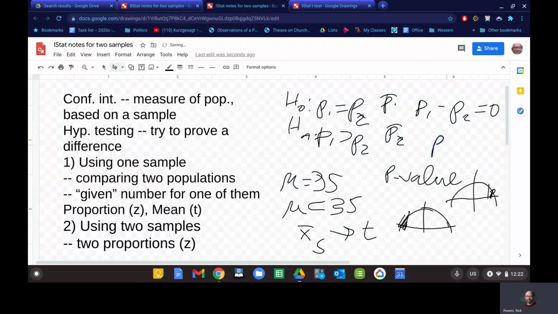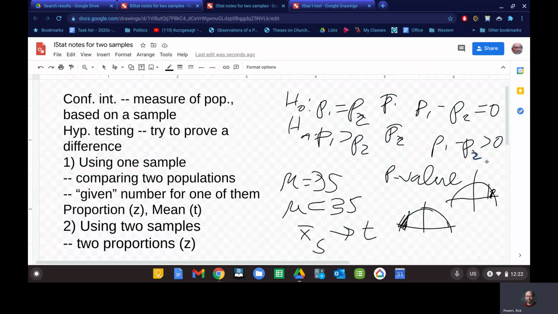And then P1 minus P2 to be greater than 0. So if we ask the question, is P1 equal to P2? Well, it could be. If that were the case, then what's the difference between them? 0. And then here, if P1 is greater than P2, what's the difference between them? Greater than 0. So then this is how something like SALT is going to be set up.